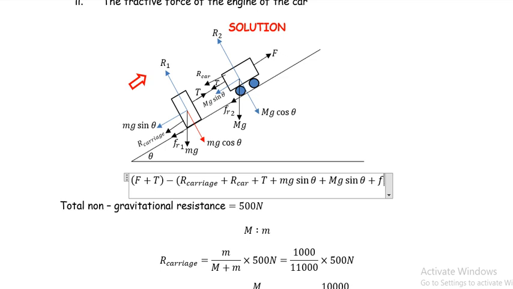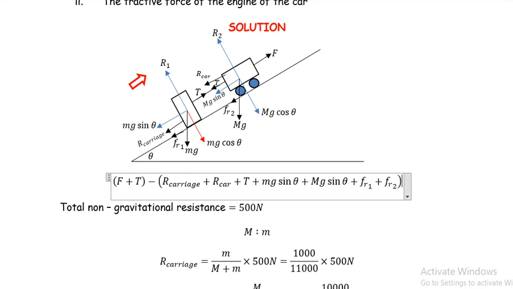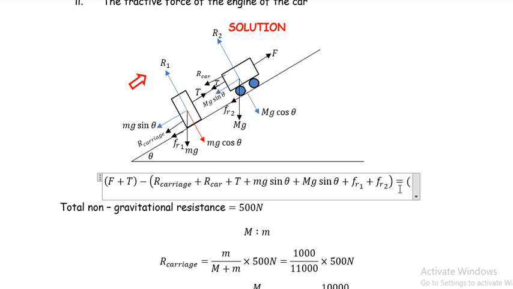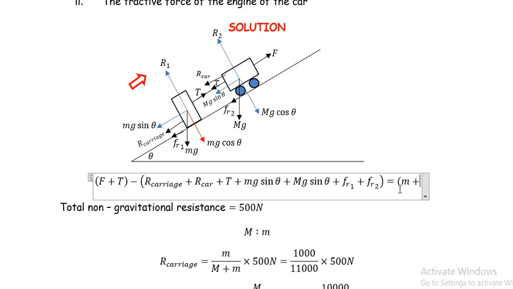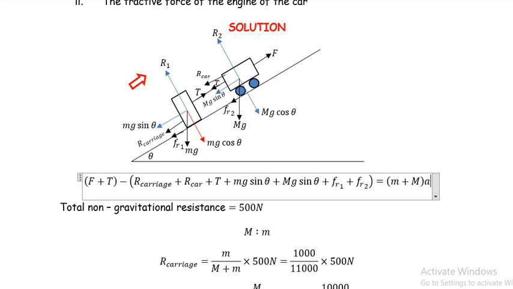We have F friction 1 plus F friction 2. Okay, that's what we have. I think we are done. Then now we have to equate this to the mass of the whole system, which is the mass of the carriage plus the mass of the car, which is 11,000, then times the acceleration.